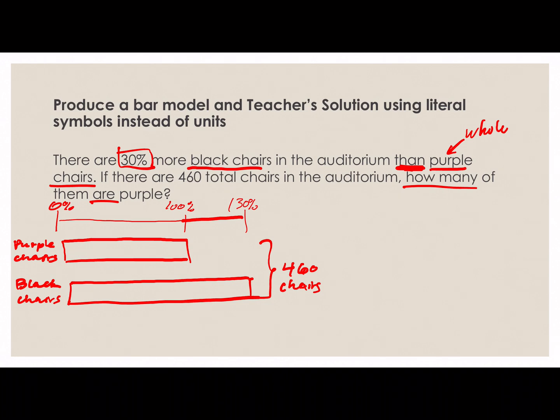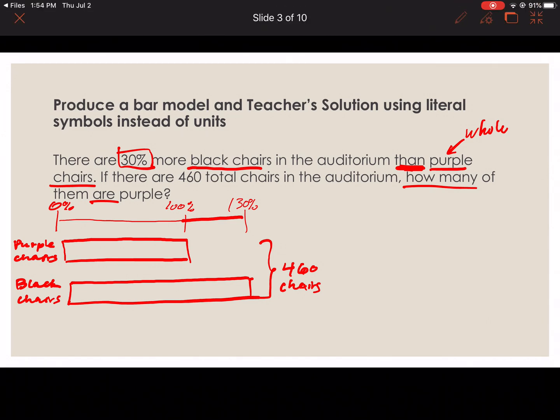So I'm going to say the 460 chairs will be split up into some number of purple chairs and some number of black chairs. We don't know how many are going to be in each, so for our variables, let x equal the number of purple chairs. Let y equal the number of black chairs.